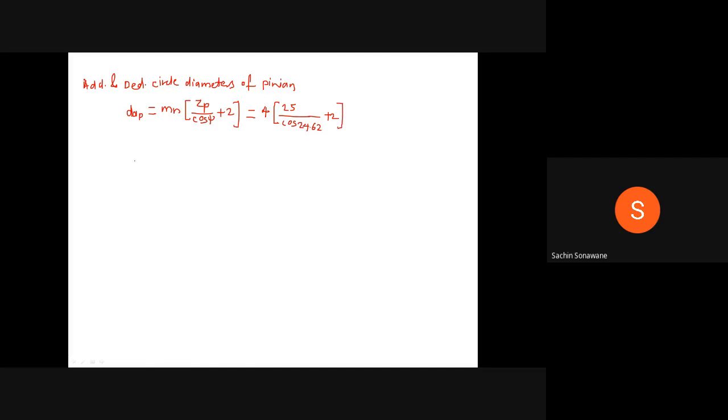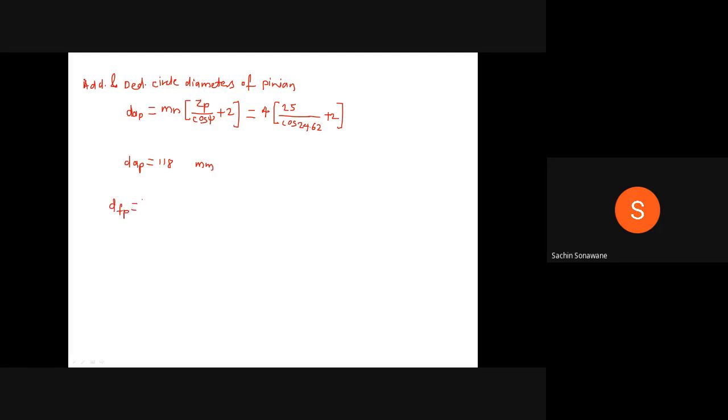What is the addendum circle diameter? 118. Okay, then calculate the dedendum circle diameter.